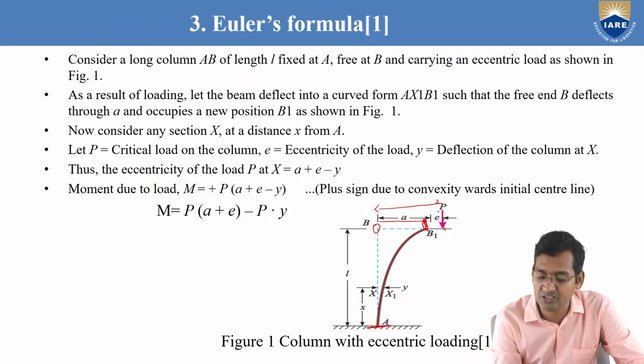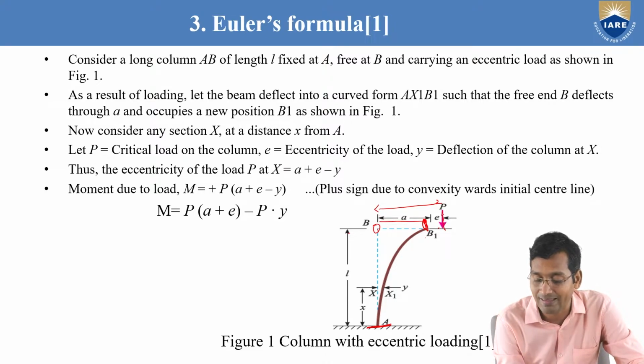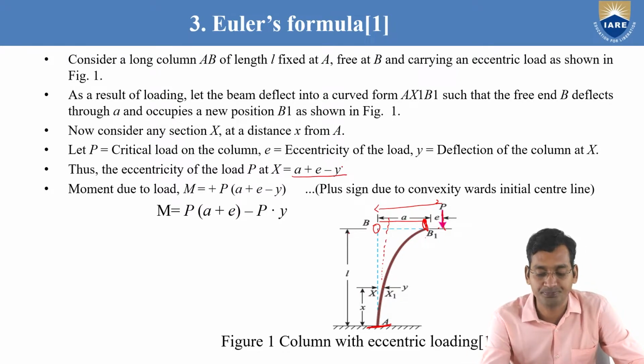So for this P, the perpendicular distance will be a plus e, right? And here, if we take this as positive, then this will be negative. So the total is a plus e, and this we have to remove. From here, this distance only we have to take, so that will be x plus a minus e.